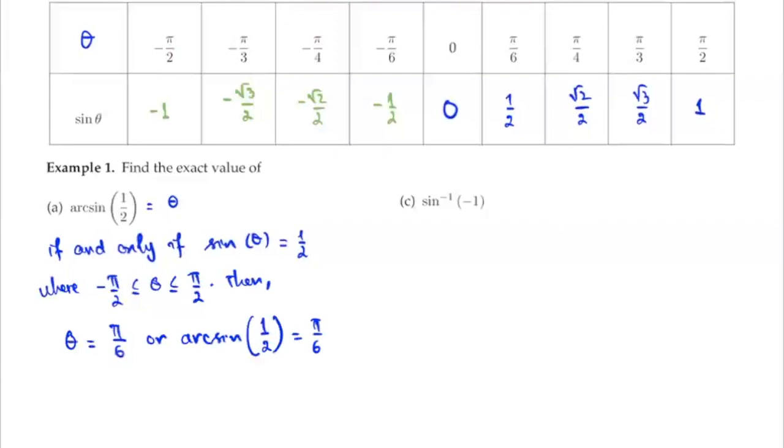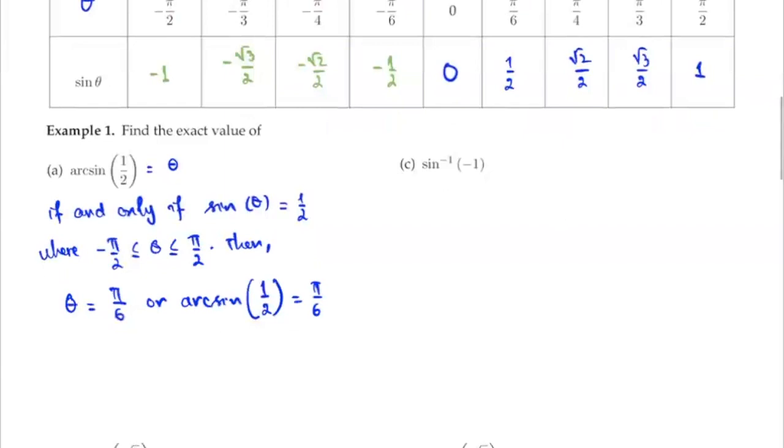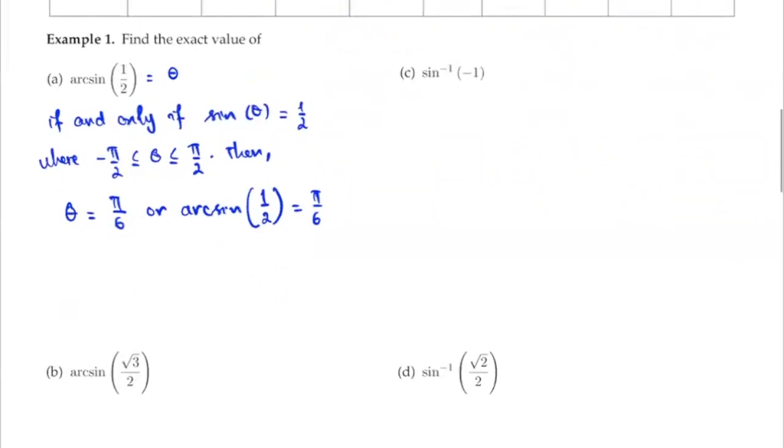Now moving on to part B. Problem B says, can you find arc sine of root 3 over 2? So you're looking for an angle theta such that sine of theta is equal to root 3 over 2. How did I get this equation?